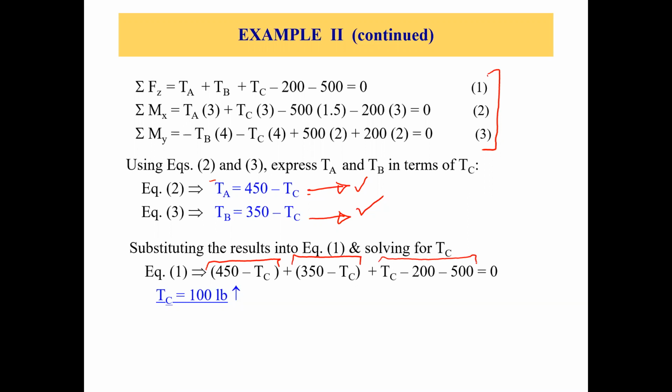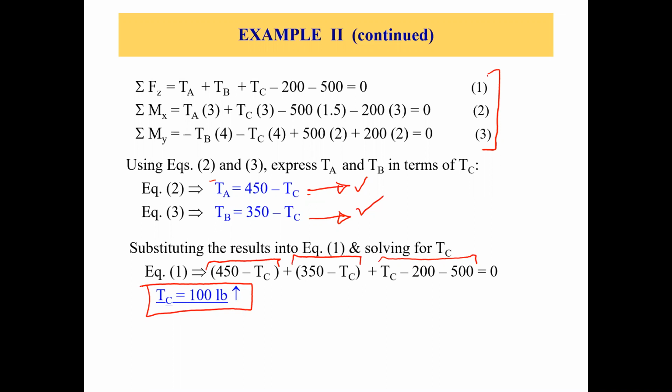So now we only have one unknown in this equation, and we get TC equals 200 pounds, which is a positive force, so it means it's an upward force, right? So this is the tension in cable C. So now we are done with one unknown, and we are left with 2 unknowns, right? TA and TB.